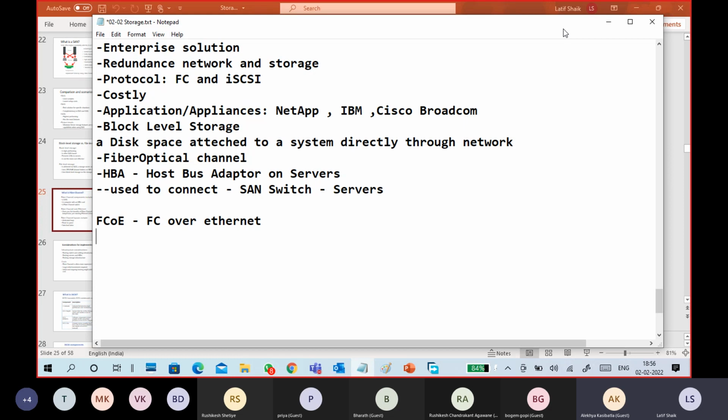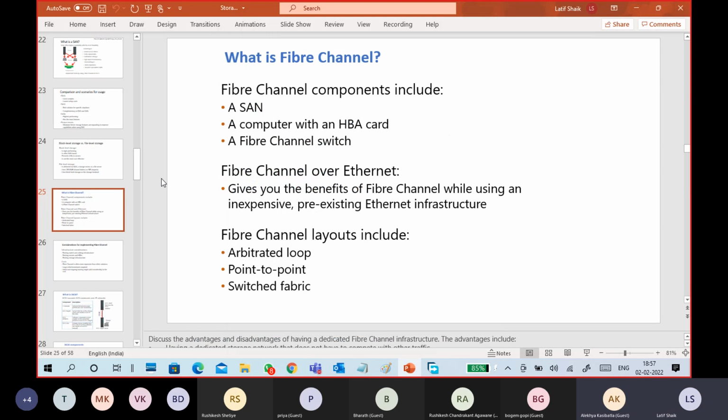The entire organization is not fiber optical. Servers may be connected with fiber optical, but regular laptops, desktops and other servers are not, so we have to connect with Ethernet. So what to do? We use FC over Ethernet type connectors. Then fiber optical connects to regular Ethernet.